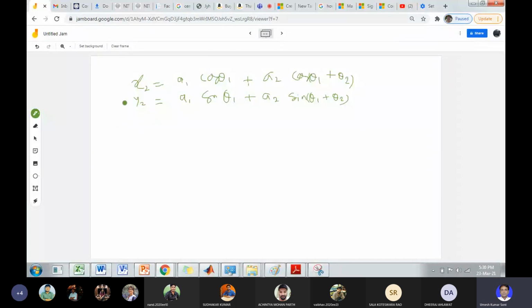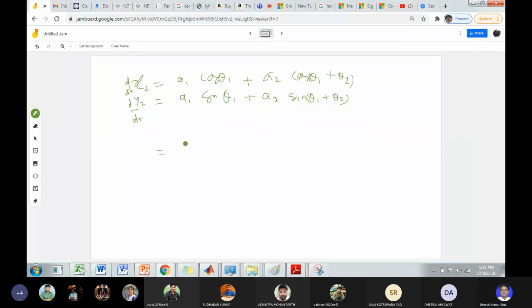So now take the derivative of this, dx/dt and dy/dt. Then what will be the value? Here you have two terms. Once you take the theta 1 derivative and theta 2 remains intact, and another time you keep theta 1 intact and take the theta 2 derivative. So you take partial derivatives.